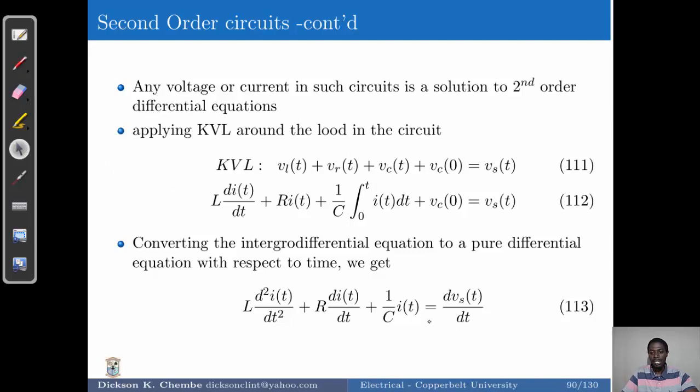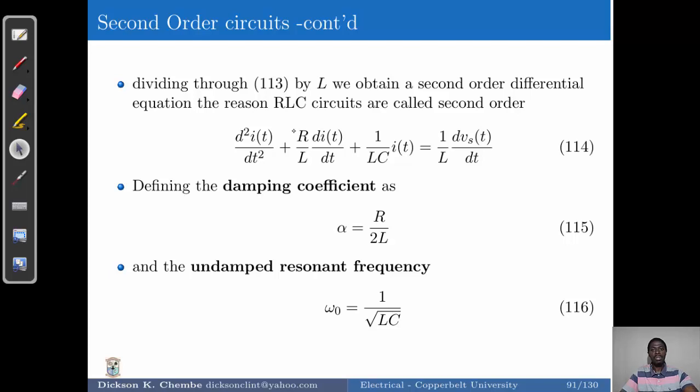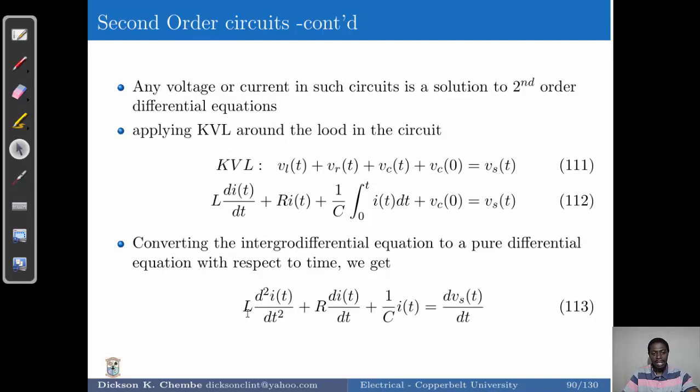Using these terms, we now come up with a few terminologies that we need to explain. We want to get to a purely second order differential equation, so we divide the equation by L, and L cancels out.